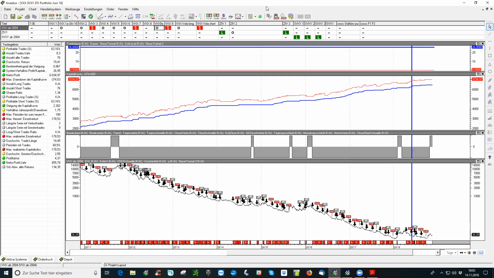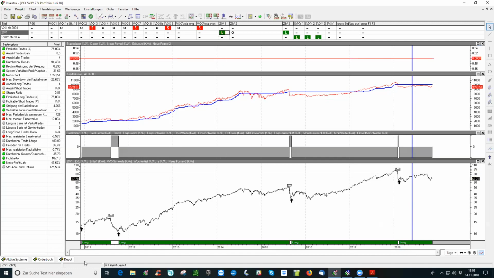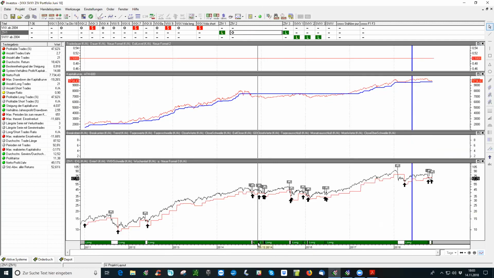For example, in SIF, it's pretty easy. You see here, these are only 4 trades in, what is it, seven years. So some trades may last for years, and some trades will only last for 1 or 2 days.